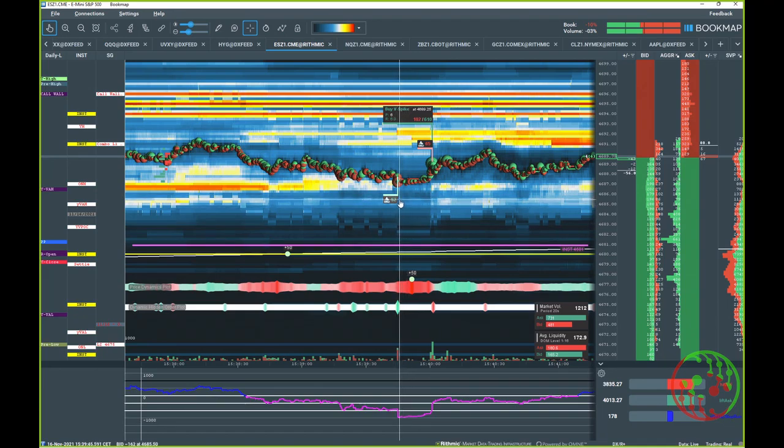Yes, we have the icebergs here. I think they are nearly the same as you have. And then I see a stop run into here and the next one into 89.